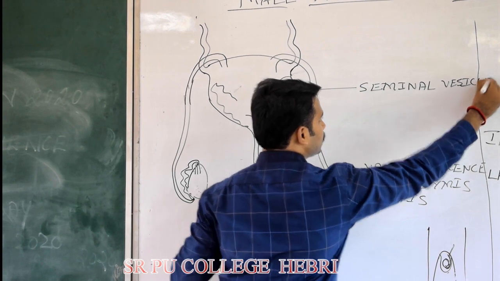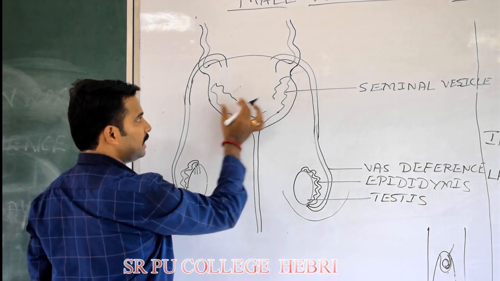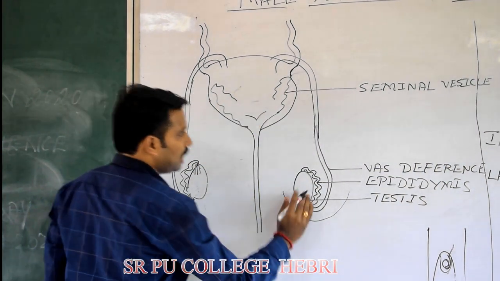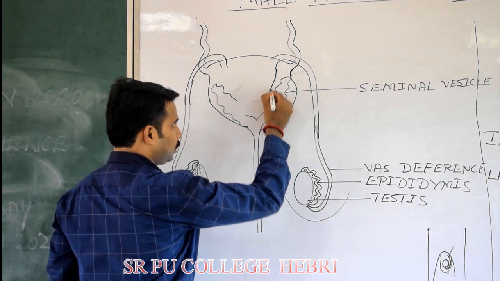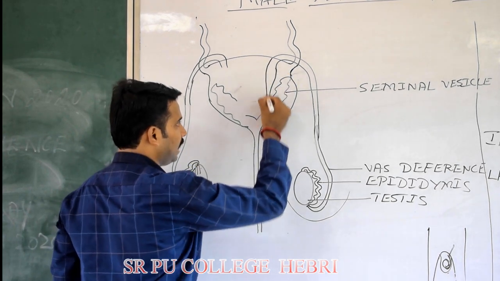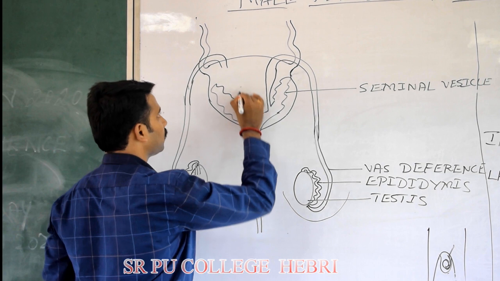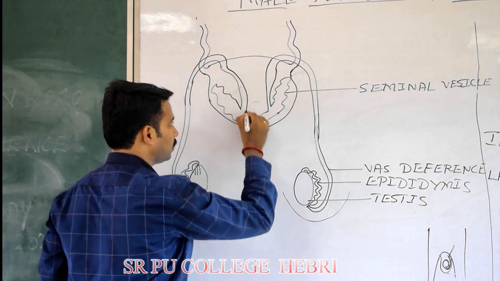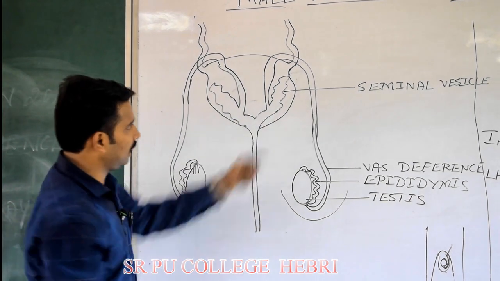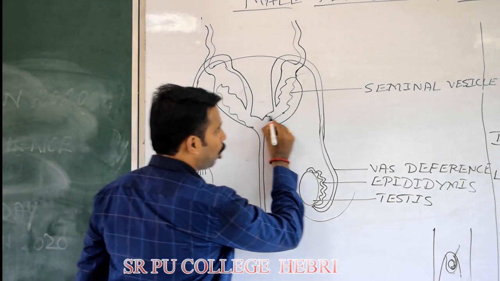What is that? Seminal vesicle. This is a seminal vesicle gland. The vas deferens will join with the duct of what? Seminal vesicle and form a common duct.